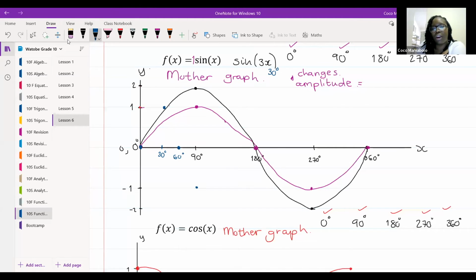Type in sine of 3 times 120 degrees. 0. Cool. Sine of 3 times 150. One. Cool. We're back at 1 again. Okay. Sine of 3 times 180. We're back at 0.